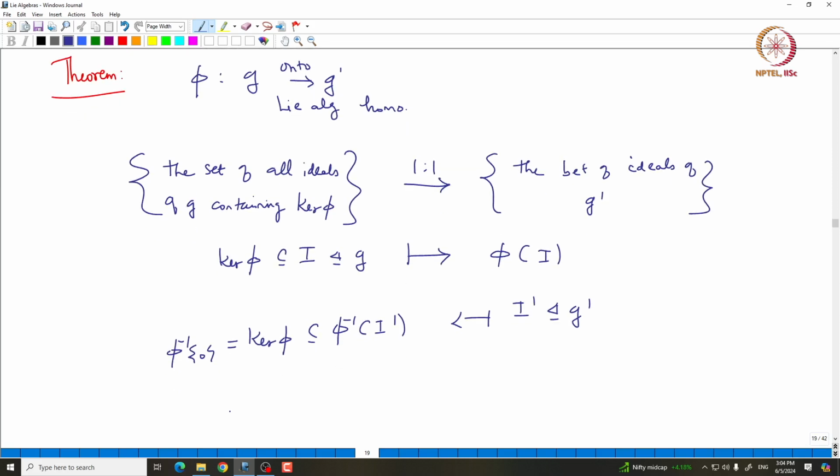It is easy to verify that this is indeed a bijective correspondence between these two sets. This gives information about the ideals of G containing the kernel and what is happening in the image.